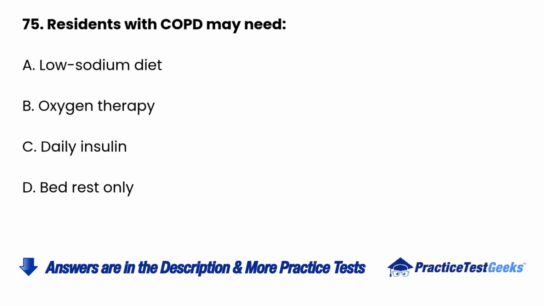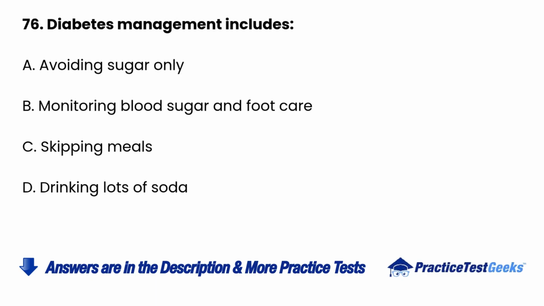Residents with COPD may need: A. Low sodium diet. B. Oxygen therapy. C. Daily insulin. D. Bed rest only. 76. Diabetes management includes: A. Avoiding sugar only. B. Monitoring blood sugar and foot care. C. Skipping meals. D. Drinking lots of soda.